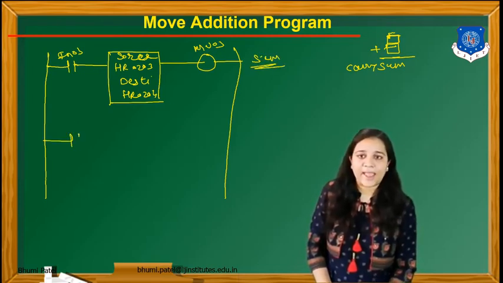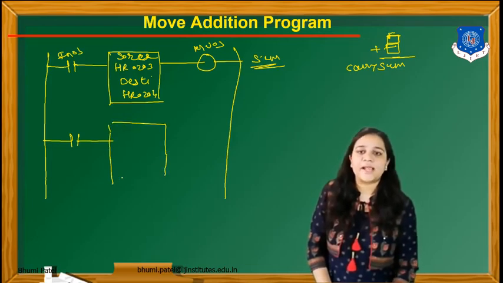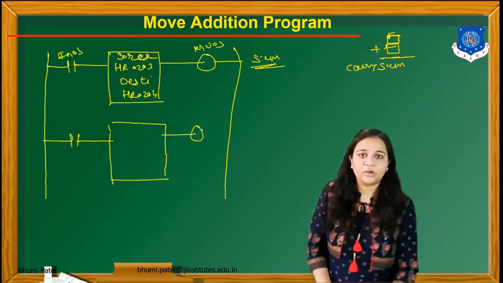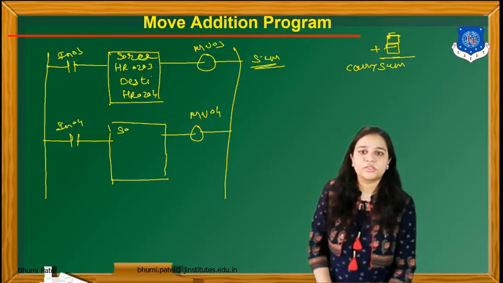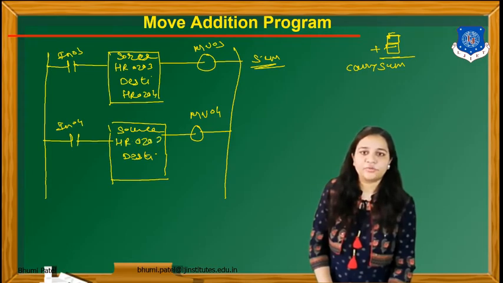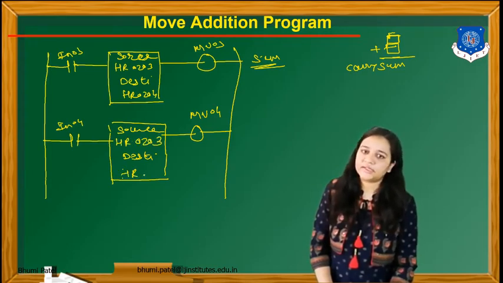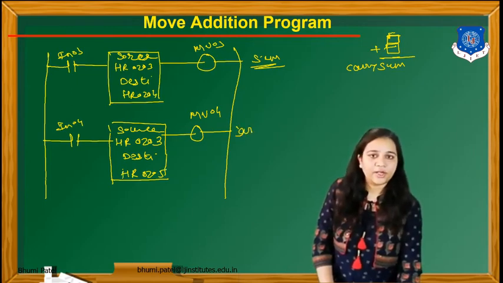Now if the carry is generated, we have to also set the carry for this particular location. So same we have to use the move function. This is my source, this is my destination. Source will be same HR0203 and we have to change the destination address to 0205. Okay, so this is for carry.